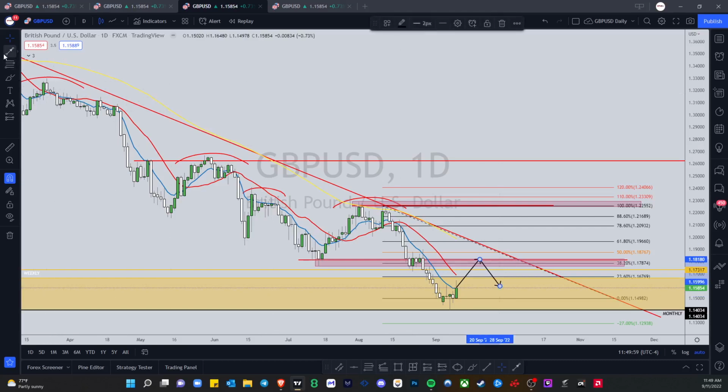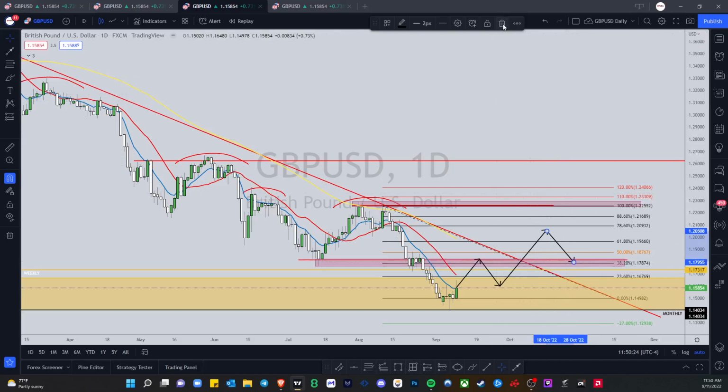If it does create a higher low, that's my indication that there are more buyers at this point in time. And let's say it broke that 38.2. Then the next thing we'll be looking for is a retest of that break of structure, before it goes bullish again.